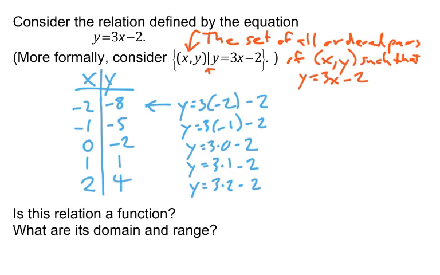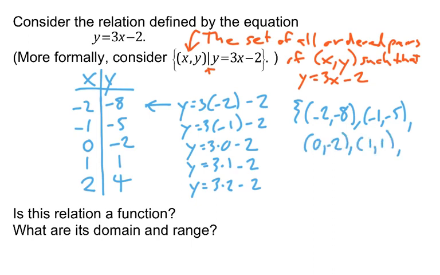Now, we often use these little tables to generate what we think of as a graph, but remember that in that table, all of those entries are really ordered pairs. The ordered pairs (negative 2, negative 8), (negative 1, negative 5), (0, negative 2), (1, 1), (2, 4).